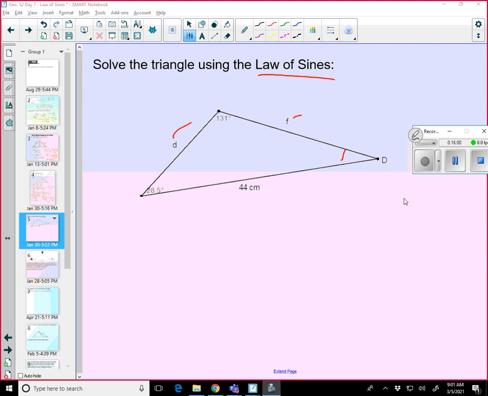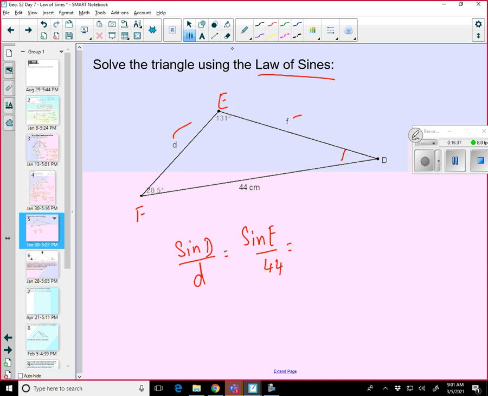Let's call this small d. If this is small f, let's call this capital F. And let me call this E, and this is small e. So let's apply our law of sines. I can say that sine D over d equals sine E over 44, which in turn is equal to e.